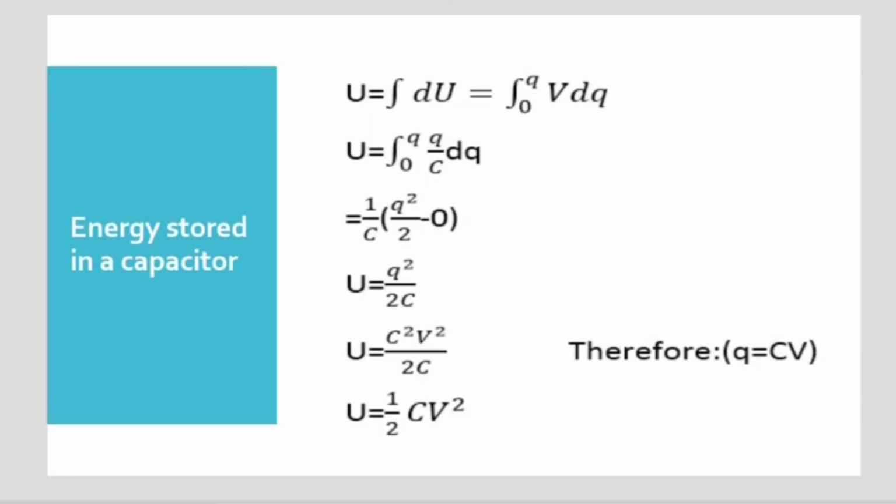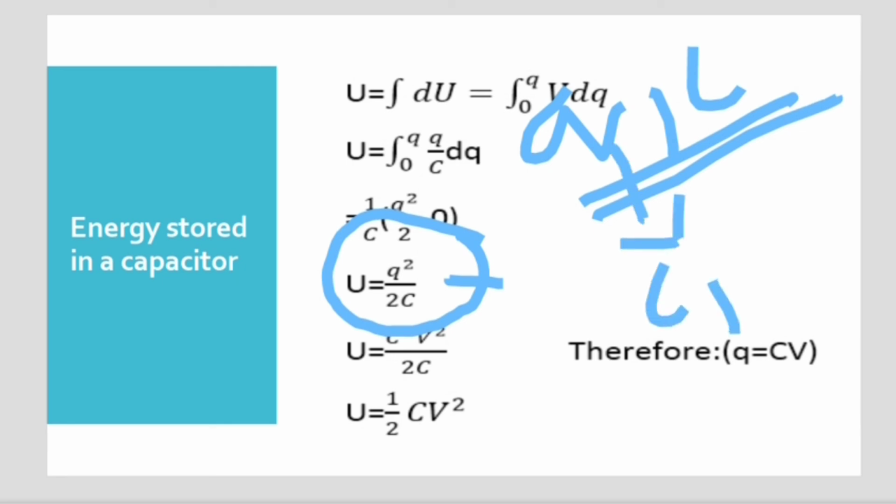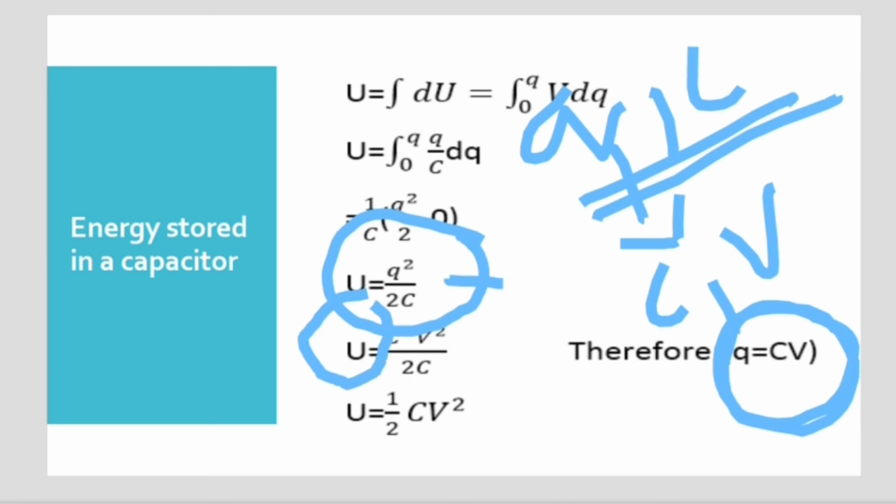Now see this value. Here q and c are present. So you can replace q with c and v with the help of this equation, and you can get a completely new value for the energy stored.